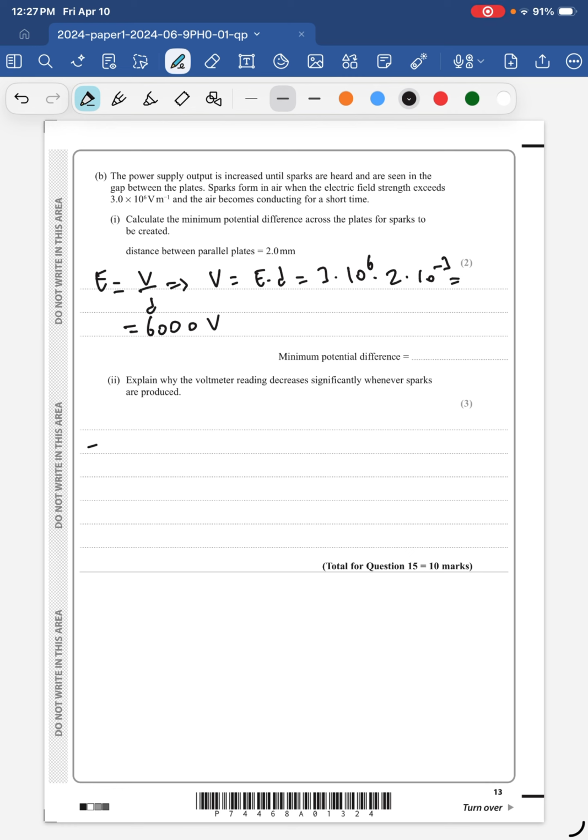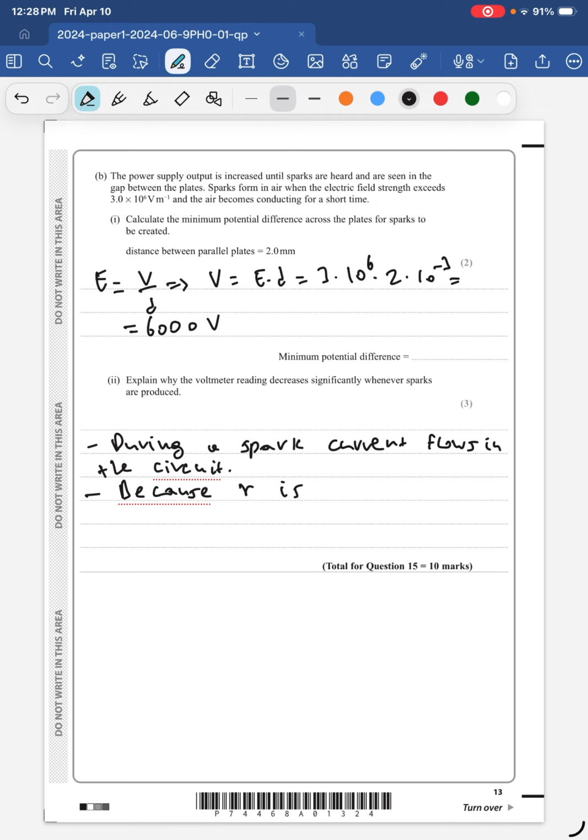Explain why the voltmeter reading decreases significantly whenever sparks are produced. During a spark, current flows in the circuit. Because the internal resistance R is large, a large voltage drop occurs.